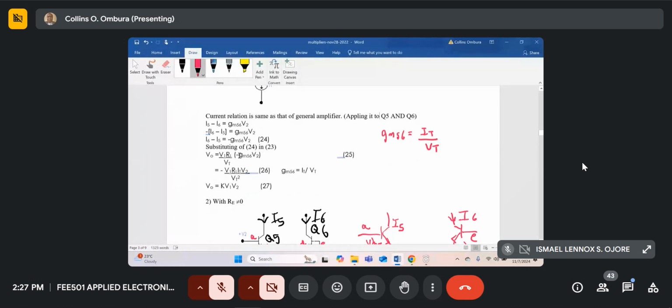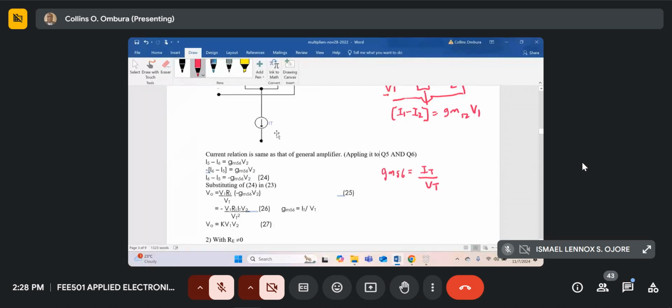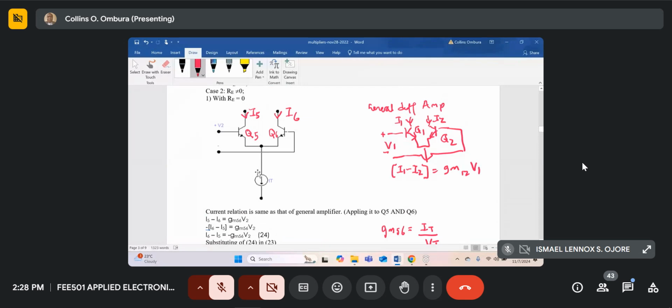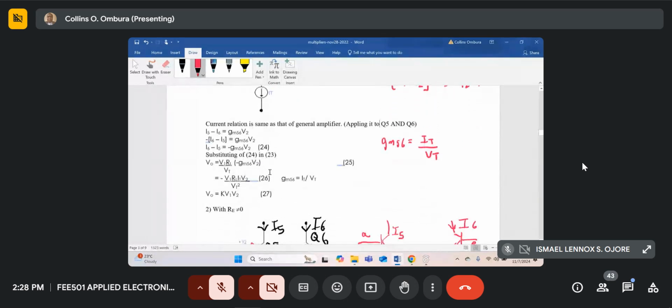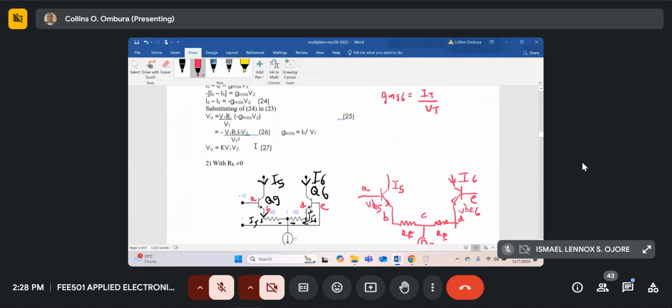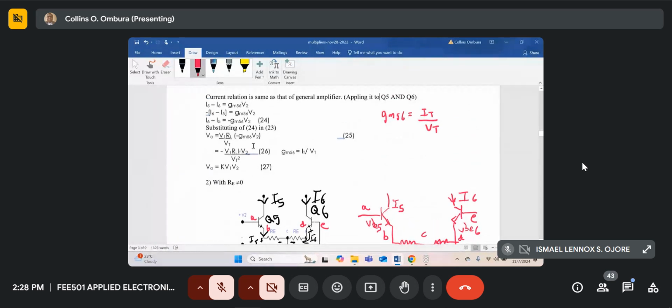Now I have to find out what is GM56. GM56 is, in general, IEE divided by VT. This current over here, we normally call it IEE, but its value is actually equal to IT in this diagram. So I'll just put it as IT divided by VT. Okay, so I've taken a shortcut over here, but I've mentioned it. So on the right hand side, that would be equation 26. GM56 is IT by VT.